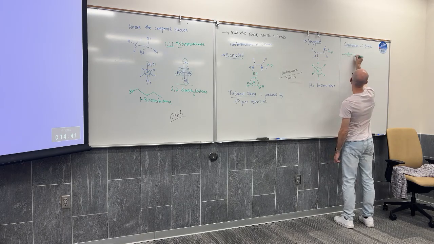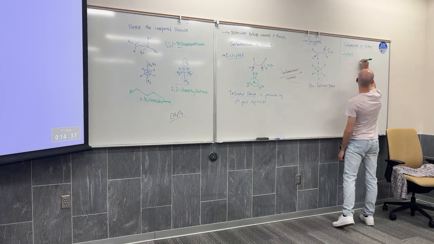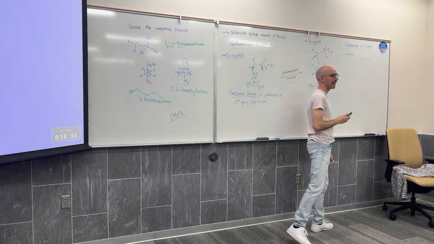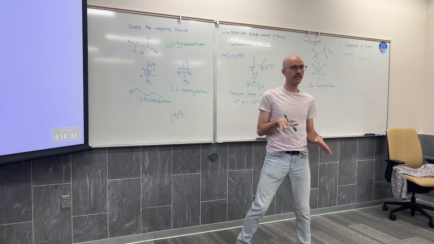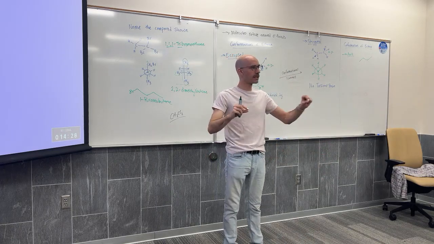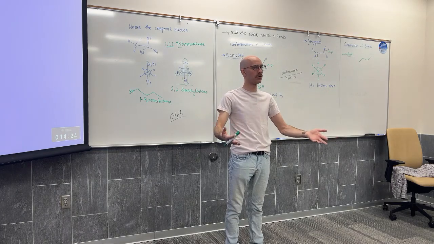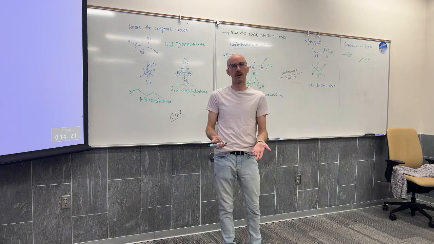This is the anti conformation. It's actually the conformation that you get when you draw butane as a zigzag. This is the lowest energy conformation. It's also why we draw bond lines as zigzags. We are presenting a molecule at its lowest energy conformation.